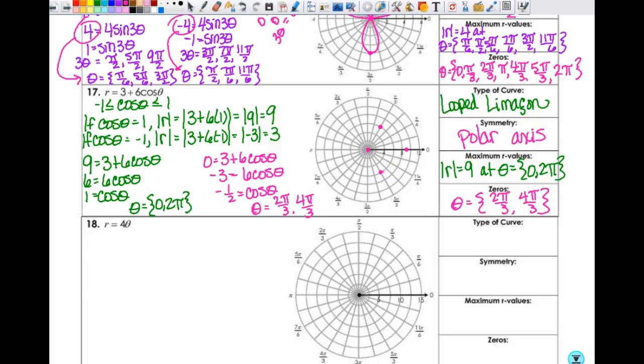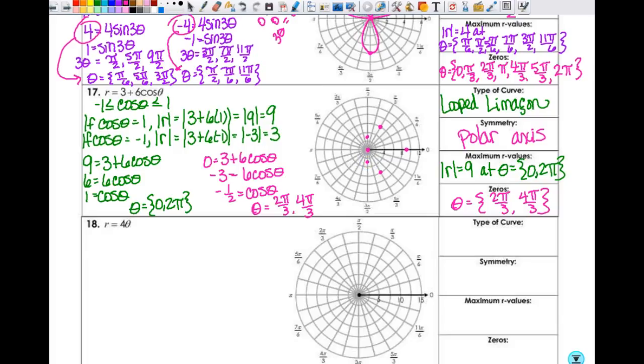Cosine of pi halves is 0, right? So 0 times 6 is 0 plus 3. So I can go out to 3 here and 3 here.